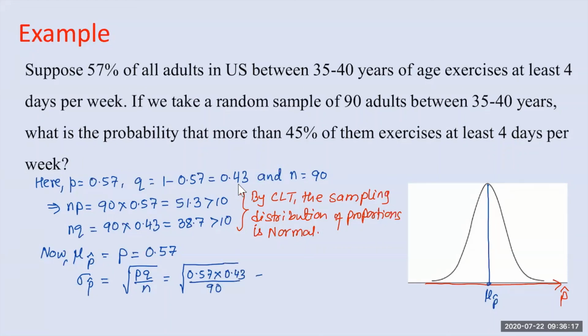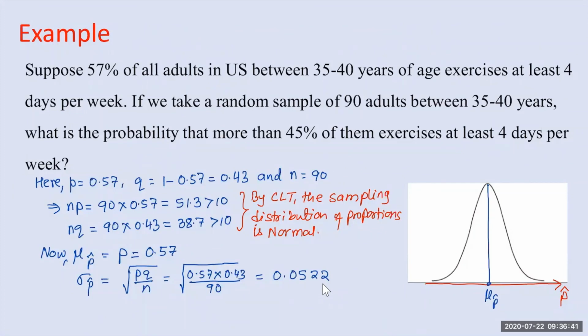If we perform this calculation in our calculator, we'll type the square root, and inside the square root, we'll type this. Make sure you check it, you should get 0.0522. That is the standard deviation.